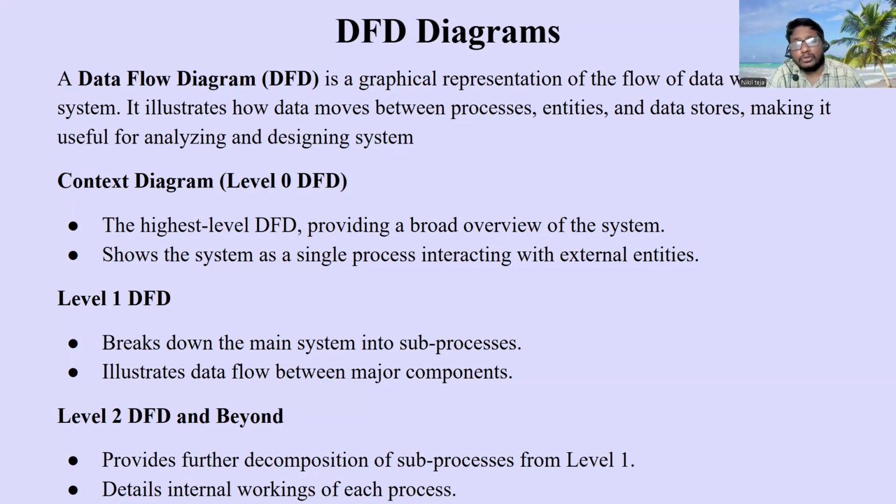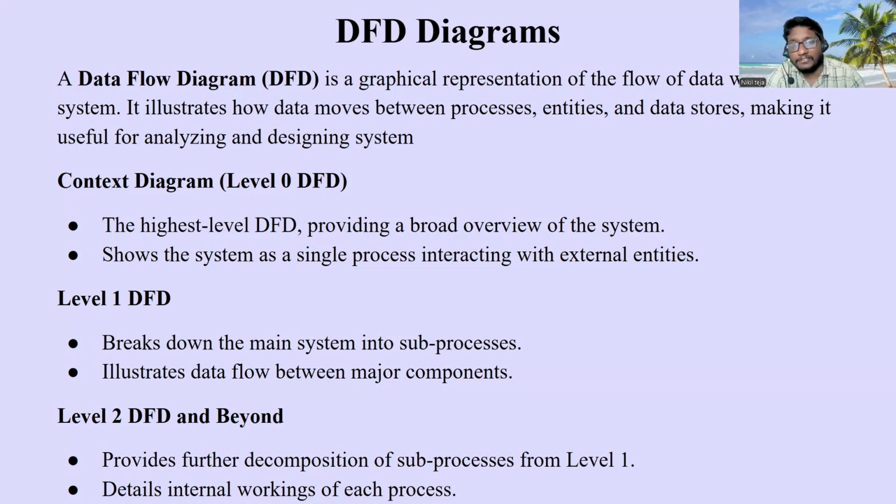So level 0 is nothing but context diagrams. It's similar to use case diagrams. It shows the high level working, the high level processes of the system. So let's see the definition.